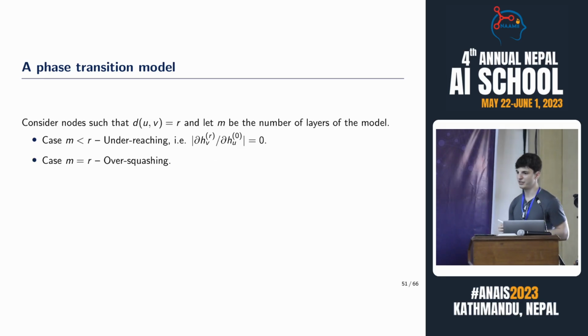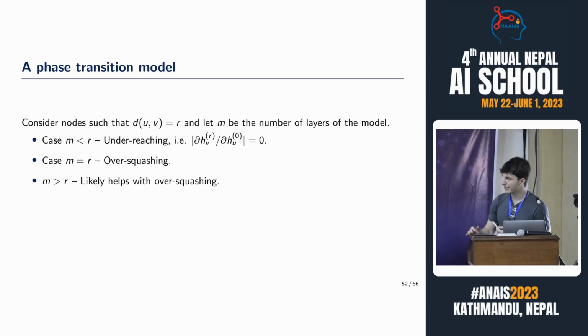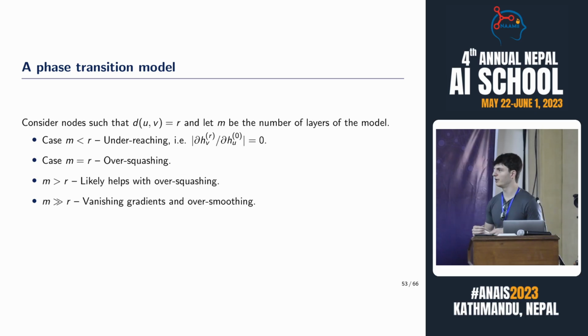If our depth is exactly the distance, then we get over-squashing. Again, this is the wave analogy: we're just reaching it, which is not good. If we're slightly over, this is probably the best case scenario. And if we go much over, we run into vanishing gradients, over-smoothing, and all these things.